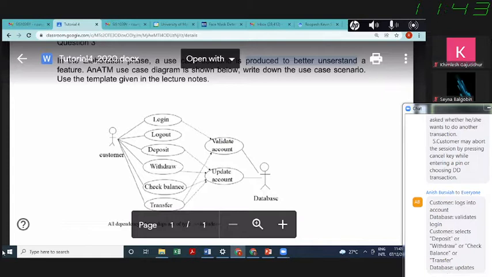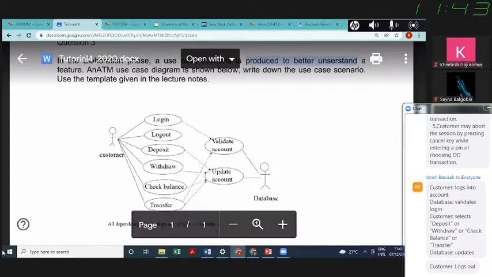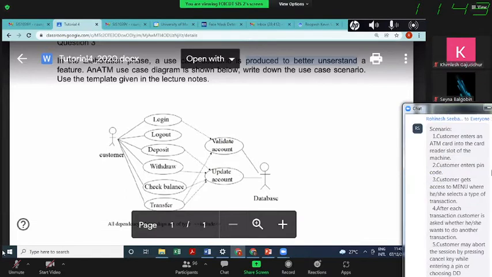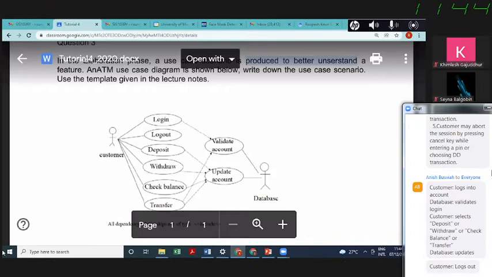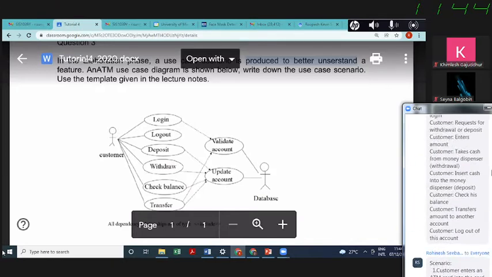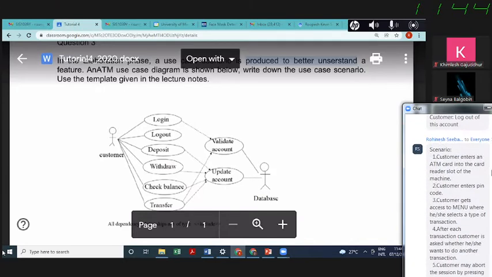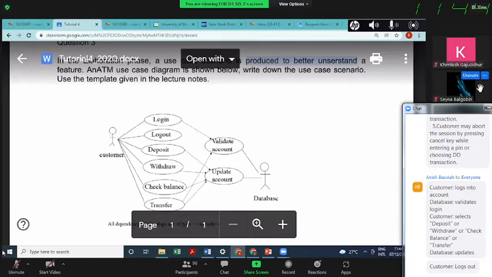When you're linking this update account to the actors, let's think about this, all of us. Do we link it to the user, or to the bank system, or to both? Update account.